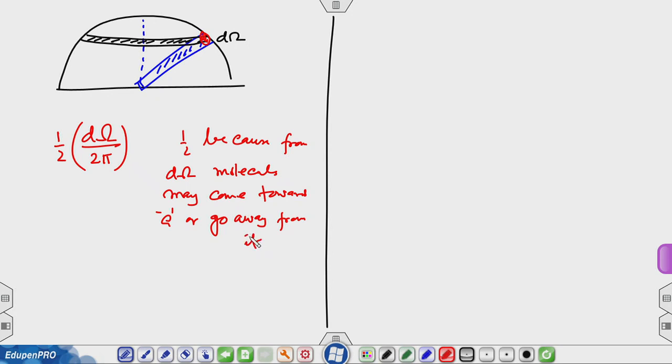So that gives you half the probability. And the number of molecules coming with speed v is going to be f(v) dv, A cosine theta times n.